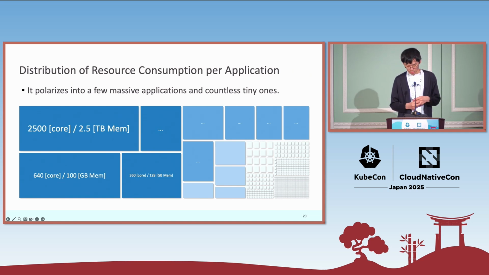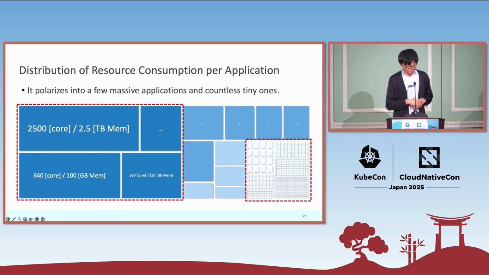On a different note, let me introduce how we used workload isolation in multi-cluster setup to prevent the noisy neighbor problems. This tree map represents the distribution of resource consumption of individual applications.